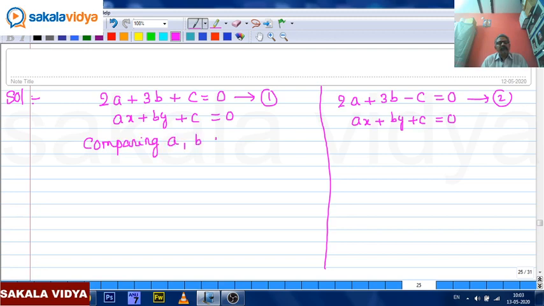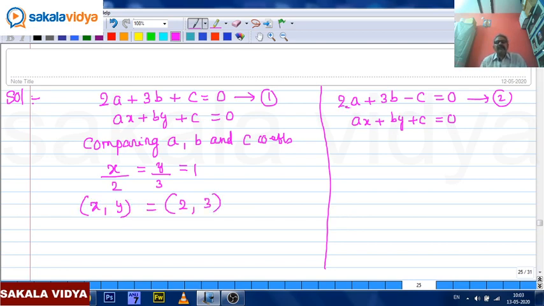a, b and c coefficients. That means x by 2, y by 3, 1 by 1. That means x comma y is equal to 2 comma 3. It passes through the point 2 comma 3.